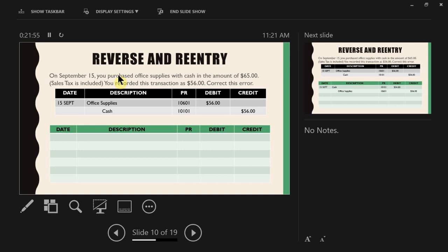All right. Now you need to correct this entry. By looking at this, you have understated your assets because you wrote that you only have $56 worth of office supplies, when in reality, you're supposed to have 65.